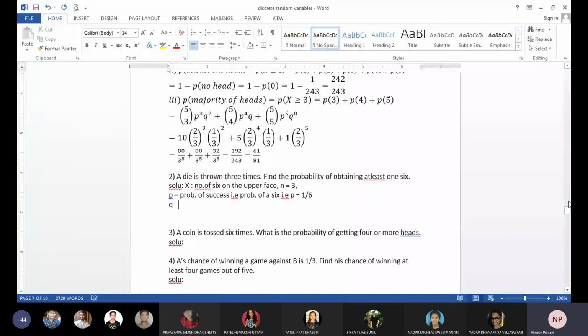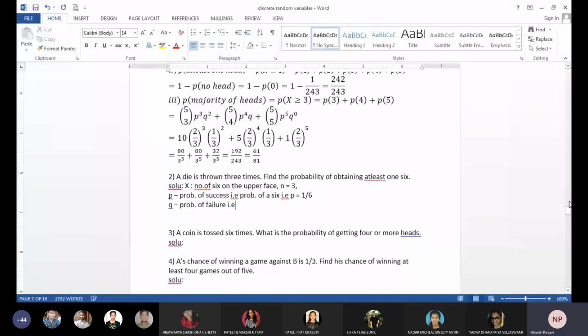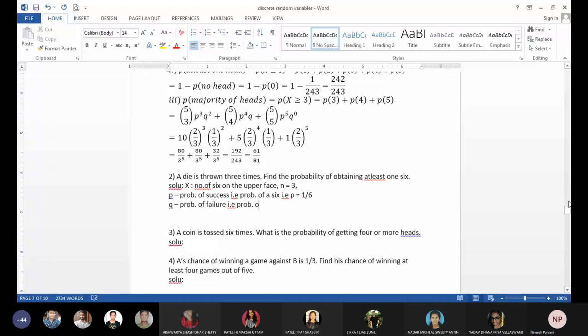Q is probability of failure. That is probability of a non-6. So Q का value will be 5/6.